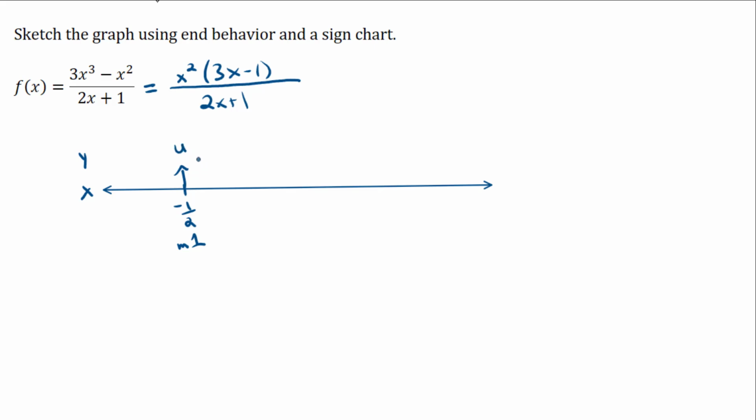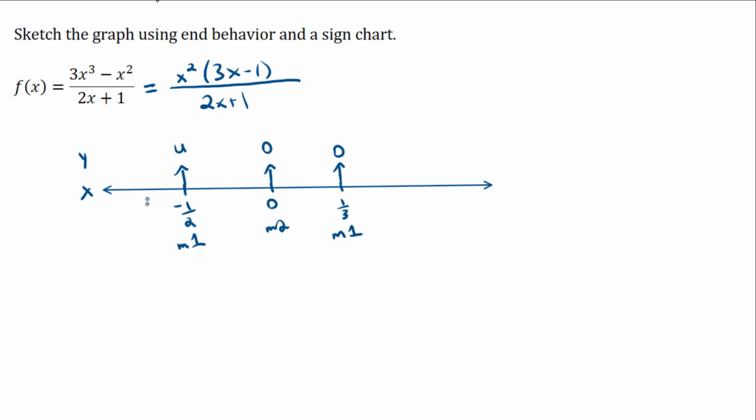Furthermore, without using a calculator, we know this is going to be a vertical asymptote because 2x plus 1 doesn't cancel. Our next critical value is 0, multiplicity 2, and that makes the numerator 0, so the whole function is 0. And finally, 1/3, multiplicity 1, makes the numerator 0, so the whole function is 0.